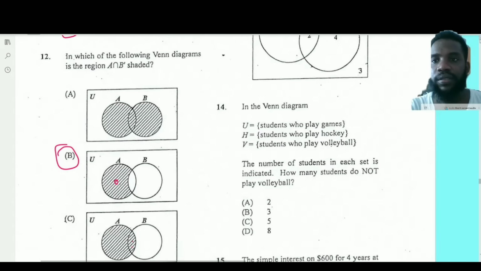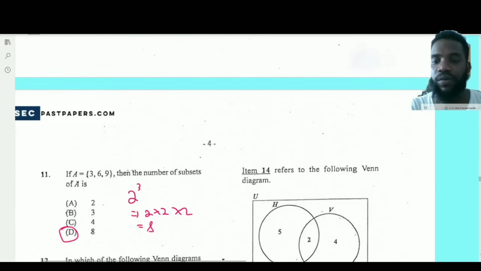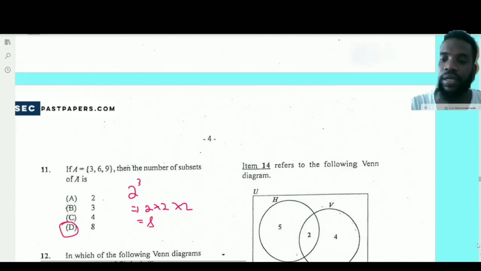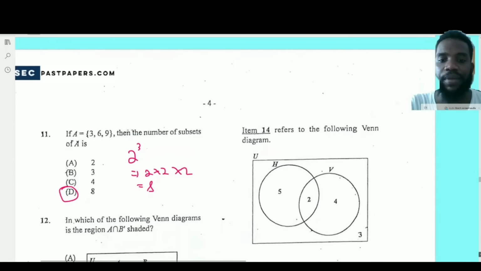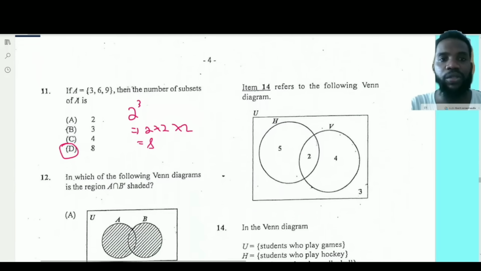All right, so if they don't play volleyball, one of two things will happen. If they don't play volleyball, they either play hockey only or they don't play any sports. Good. These 5 persons here play hockey only. These 3 persons play neither sport. Now, in all, these 2 sets would not play volleyball.